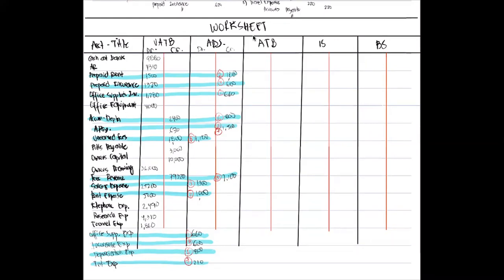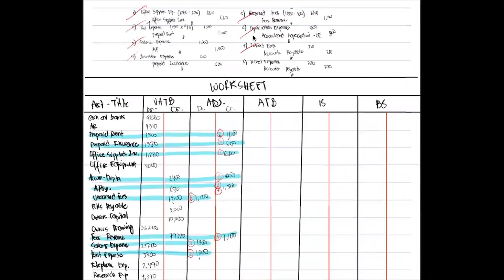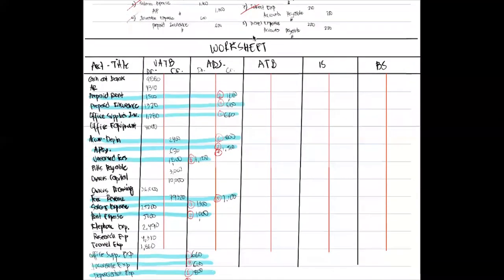Okay? Next. Travel expenses, accounts payable, 220. So do we have travel expense here? Meron. So kailangan lang natin siyang dagdagan ng 220. So it's a debit of 220. So we just need to debit it at 220 also. And another accounts payable.